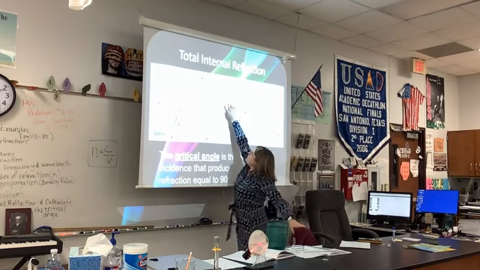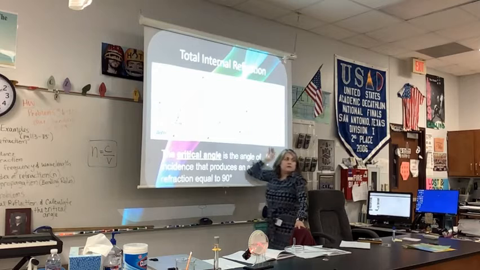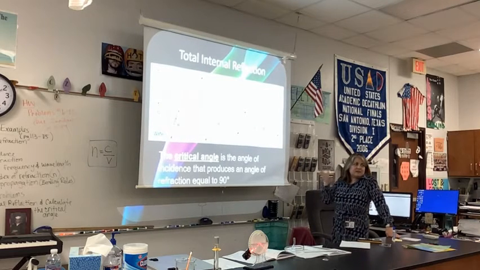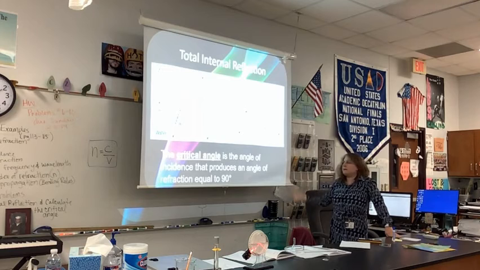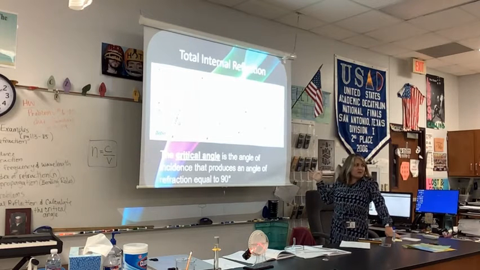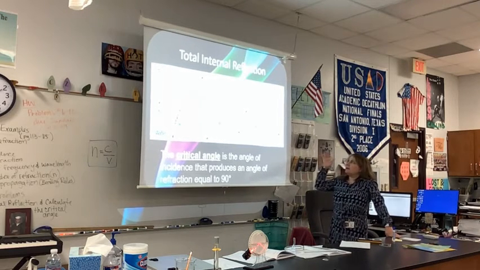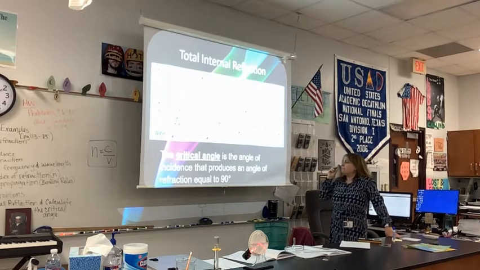So this being the angle of refraction right here, 90 degrees. So every medium has its own critical angle. It's a property of that medium. So that critical angle is just the angle of incidence that produces angle of refraction equal to 90 degrees.